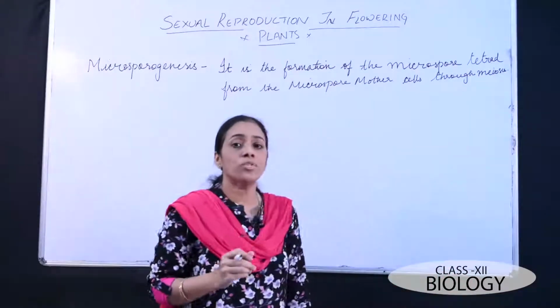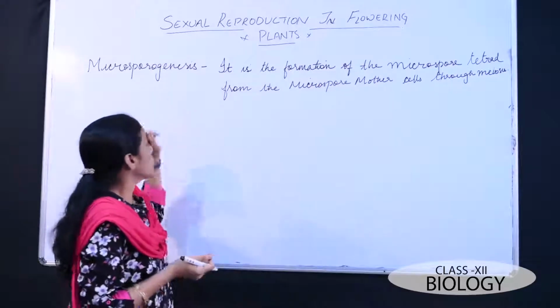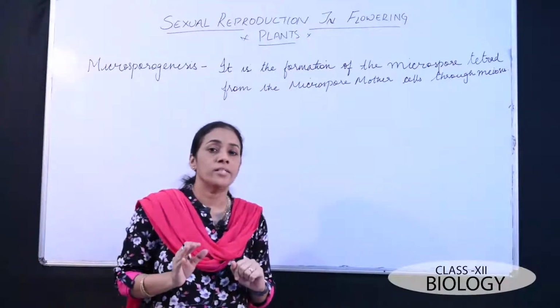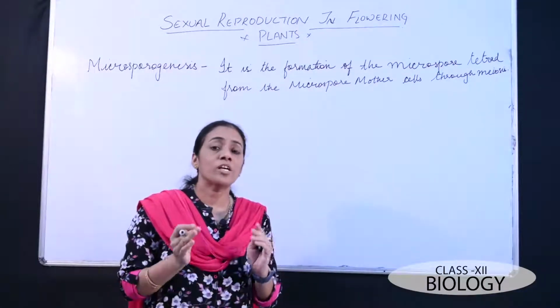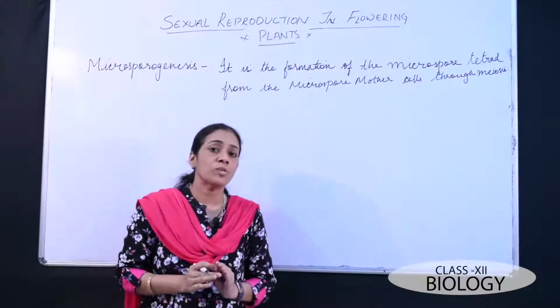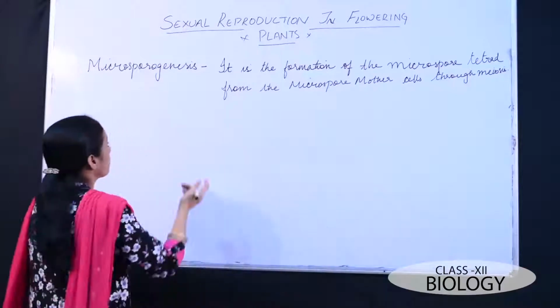Now let's look into more details of it. So in the process of microsporogenesis, we find two kinds of cytokinesis that take place. So when we compare these two types of cytokinesis with respect to that of the monocots and dicots, let us see what is the difference.